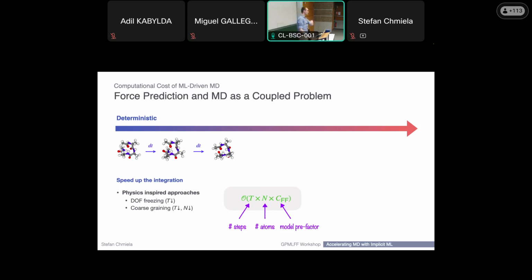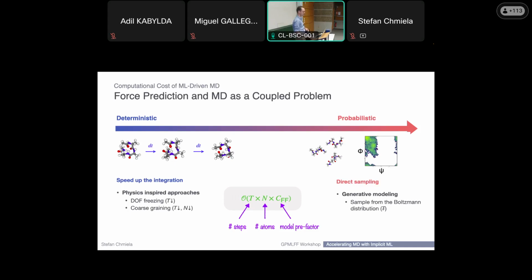And then on the other extreme, we can say, maybe we are not even interested in the dynamics, we're just interested in the final result, the Boltzmann distribution. Then we can go to generative modeling, where the Boltzmann distribution is directly predicted using machine learning, and that eliminates the simulation component altogether.